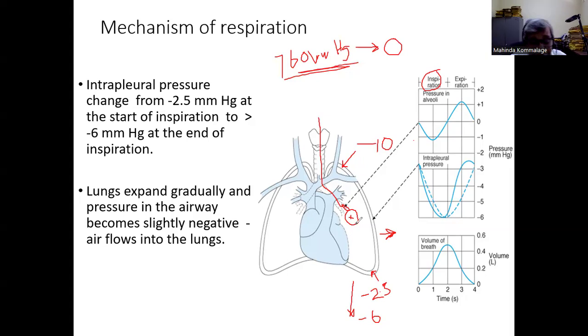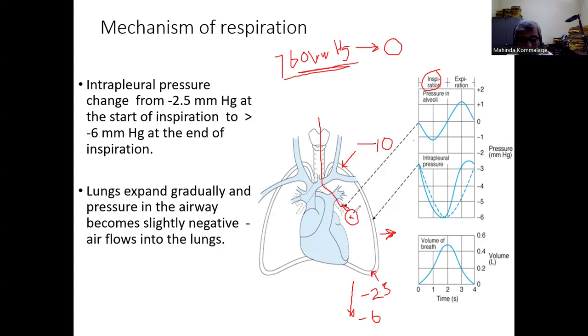So air flow will start during inspiration. Air will enter into the alveoli and the lung will fill with air. That's what happens in inspiration, right? So when the air flows into the alveoli, what will happen to the pressure inside the alveoli?